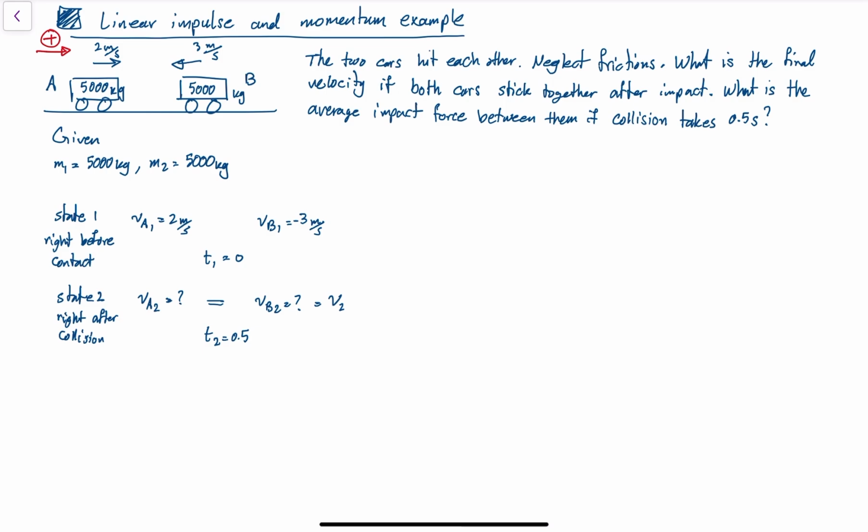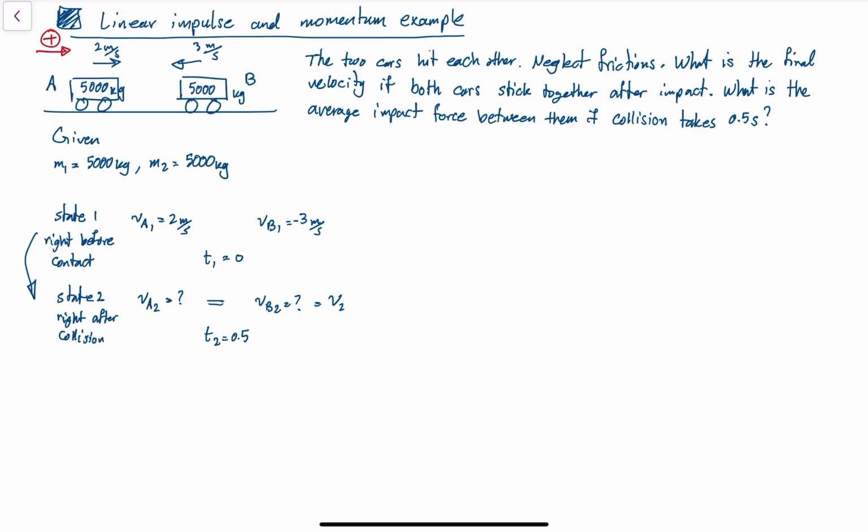So whenever we are dealing with this multi-state problem, the question is, what kind of principle? How does the transition between state 1 and state 2 look like? And to do that, well, everything is kinematic here. But my hunch is reinforced by the fact that I need to find the impact force.